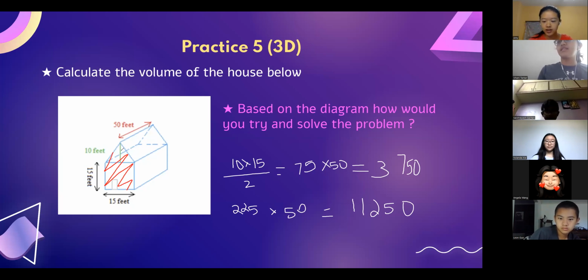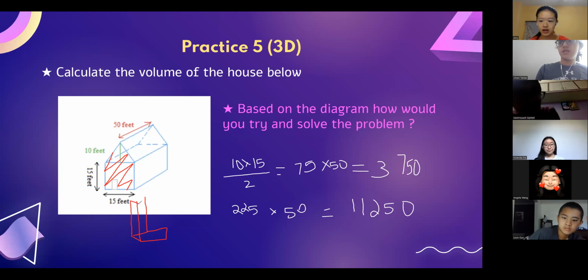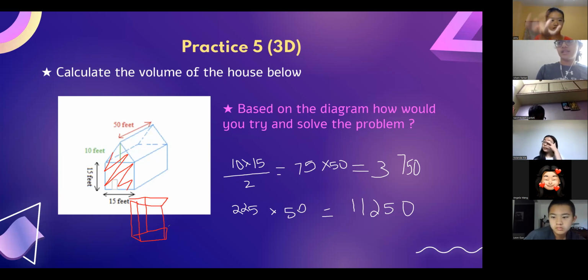If you're getting a little confused, we were calculating the area of the triangle and multiplying it by 50, and then calculating the area of the square and multiplying it by 50. So the front of the house is the base. Just think of it as if we flipped the house onto its side, like how I drew it, but my drawing is bad.